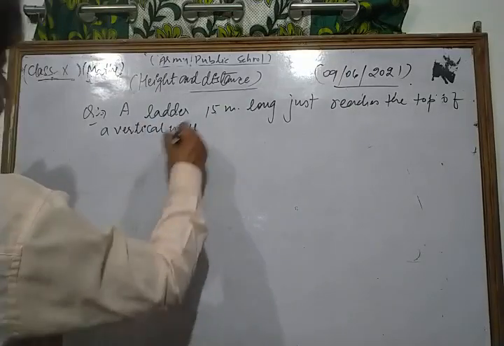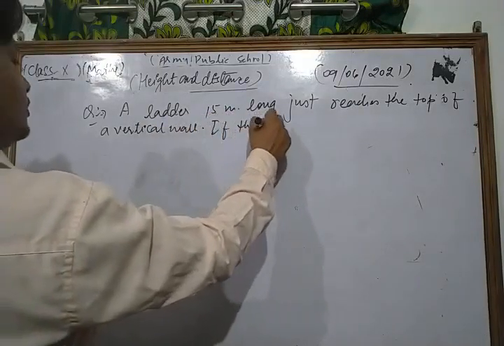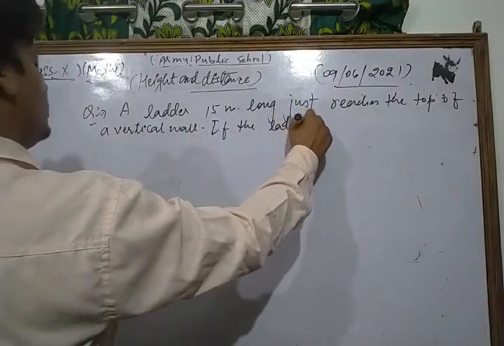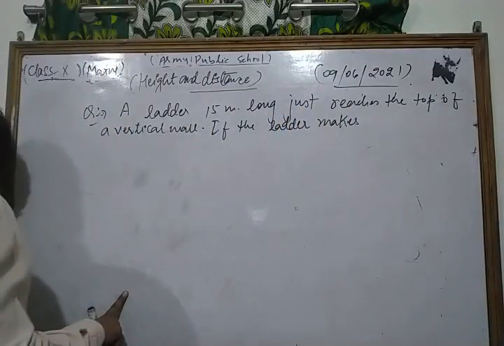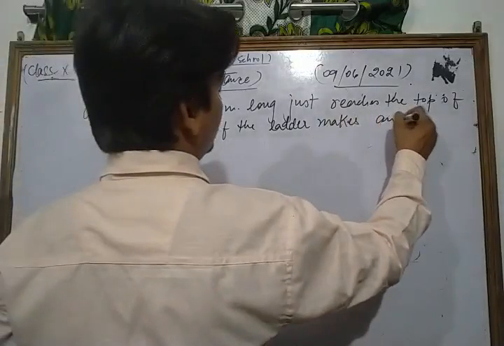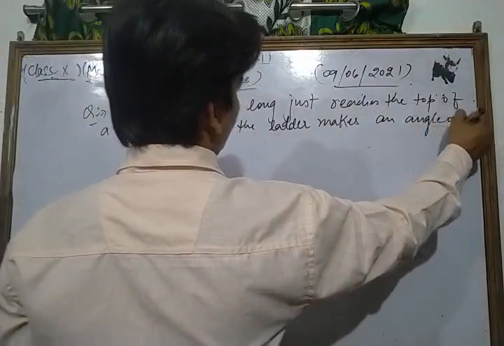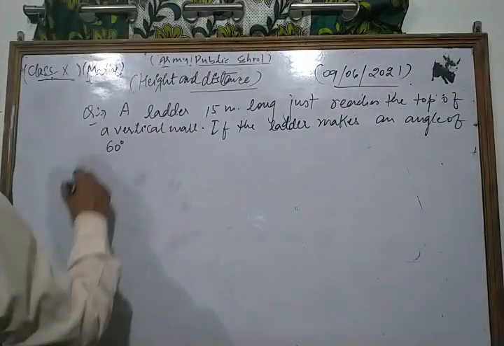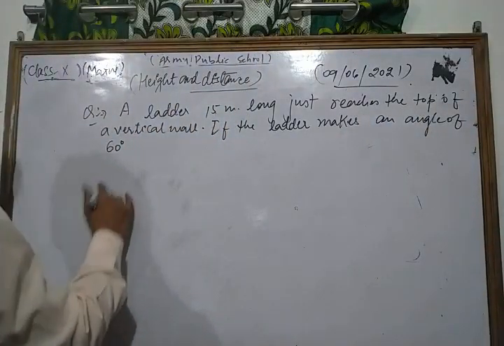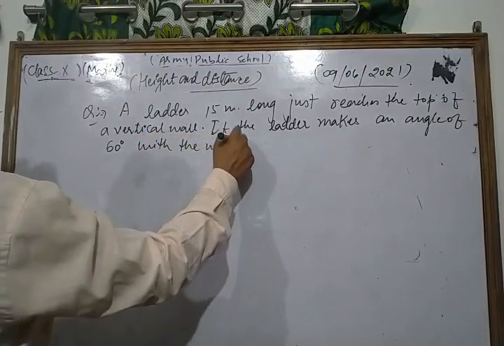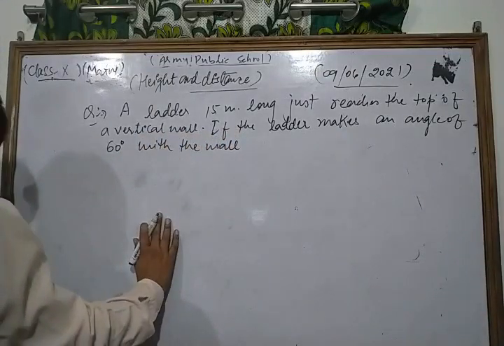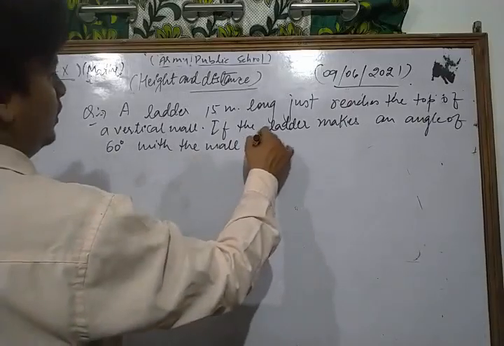If the ladder makes an angle of 60 degrees with the wall, find the height of the wall.